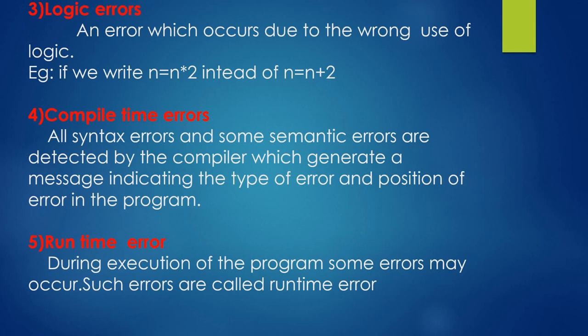What type of error, declaration syntax error or semicolon missing, the compiler shows that also. Then it is easy to correct the errors. That type of error, which occurs at the time of compilation, is called compile time errors.